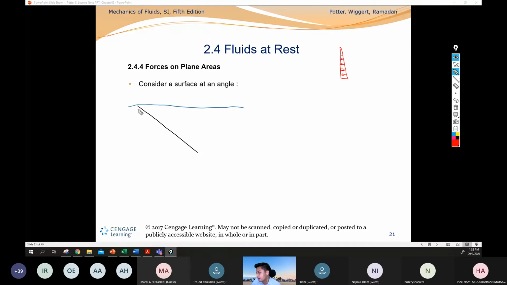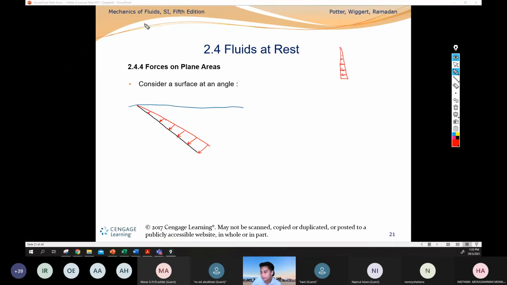For this case, it is the same thing. Do you understand so far? This is the pressure variation with depth.